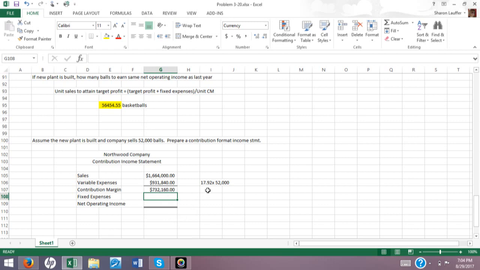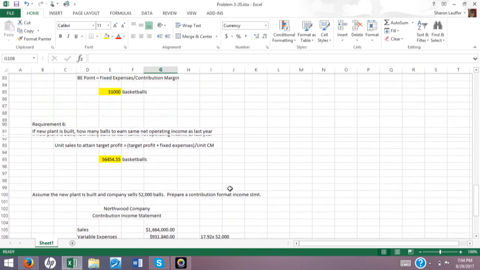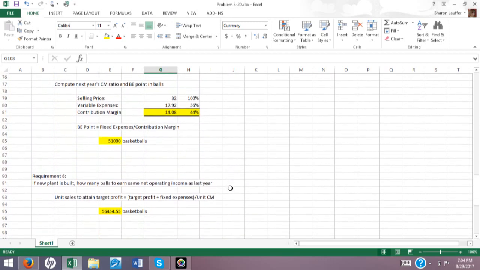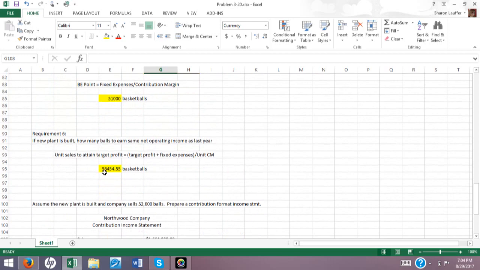Our fixed expenses, we recalculated those a moment ago. Let's see, did I ever write them down anywhere? I didn't actually write them down, but it's in my formula. It's this part of this formula, our fixed expenses. It was $718,080.